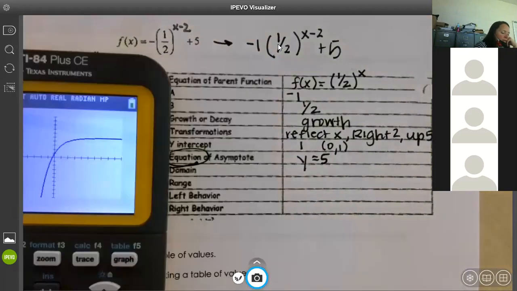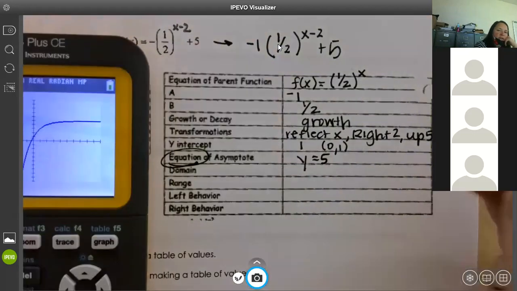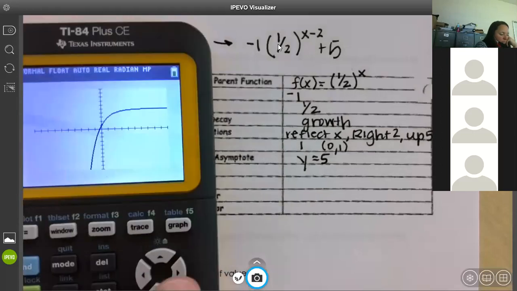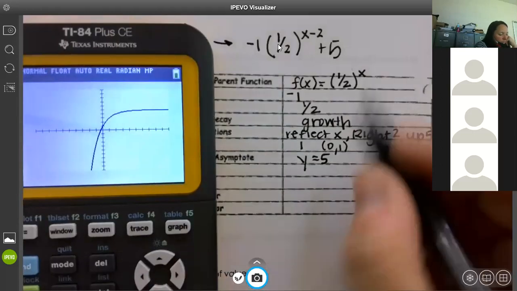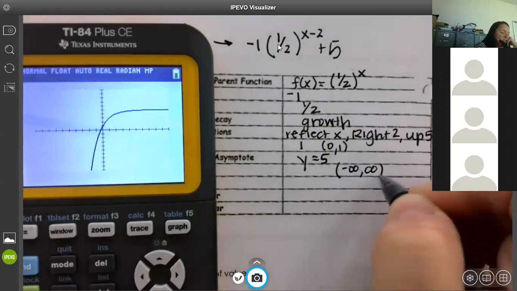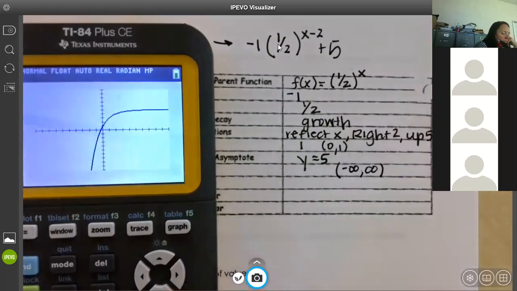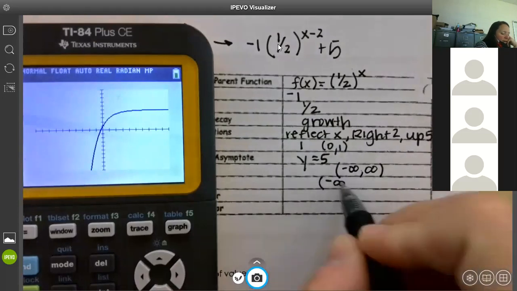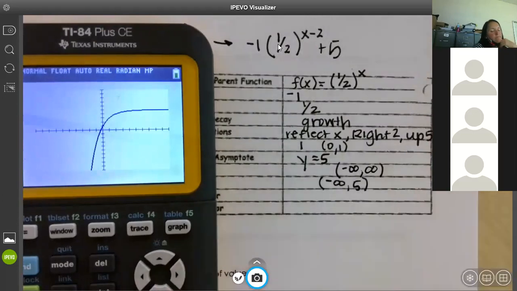All right, domain. How far to the left, how far to the right? Negative to positive infinity. Your range, how low to how high? Negative infinity to 5. Perfect, and 5 is not included.